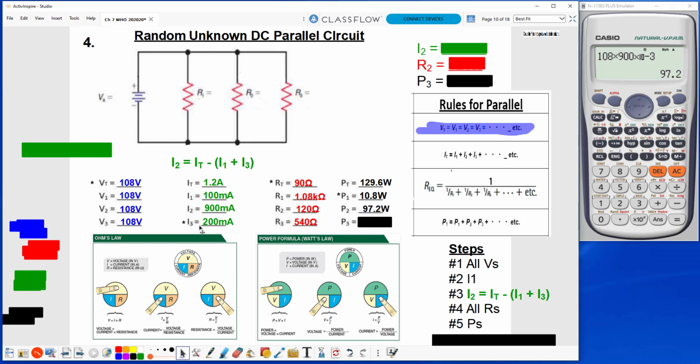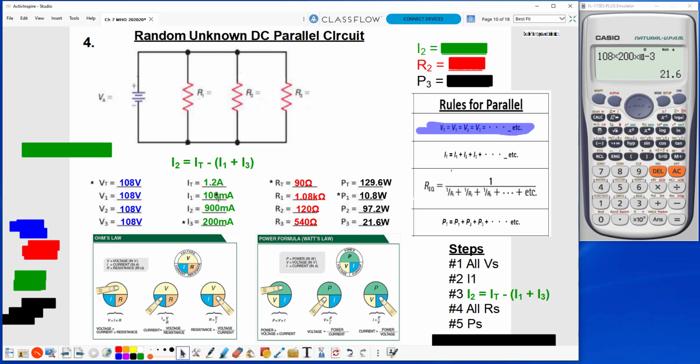Finally, I'm going to do P3, which is the 108 volts times the 200 milliamps. So let me change this to 200 milliamps. That gives me 21.6 watts.